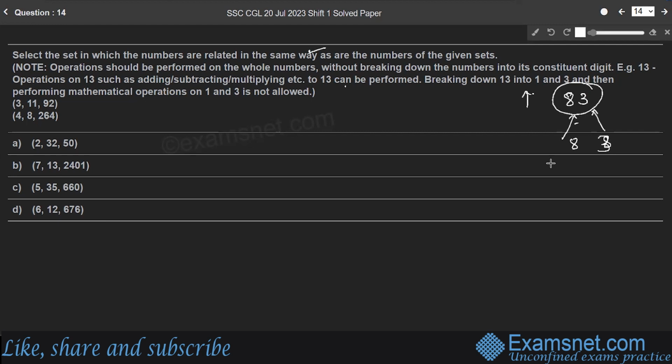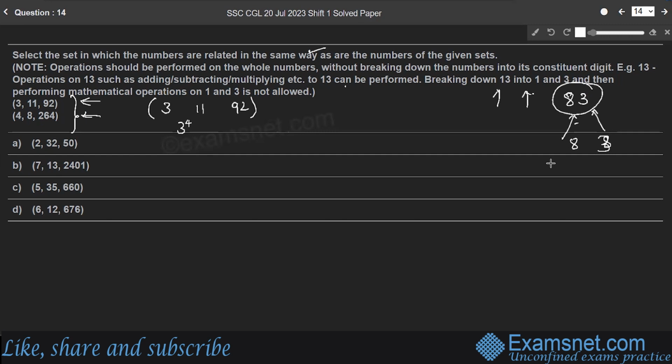Considering this point, let us consider the given set of numbers. There are two sets given which follow the same logic. Consider the first set, 3, 11, and 92. These numbers are connected in some manner, that means they are following some logic. The logic is to take the fourth power of 3, the fourth power of the first number.